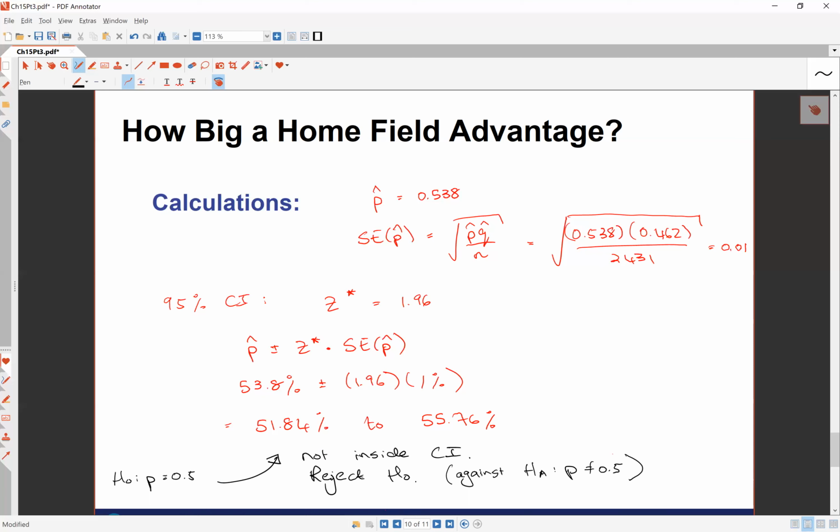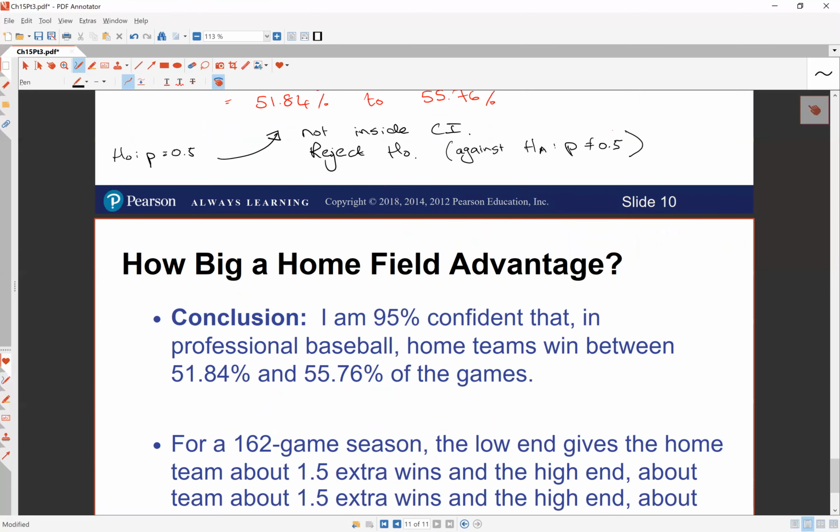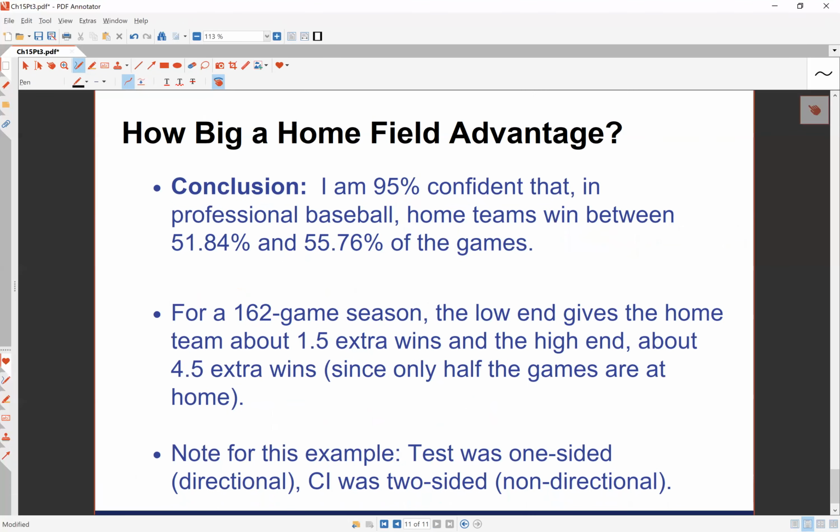It is against a 2-sided alternative. But even so, we reach the same conclusion. We find our confidence interval, and in this case, note that the null hypothesis value is not inside the confidence interval, which means we reject our null hypothesis. Meaning, the confidence interval also gives us evidence that there is a home team advantage.